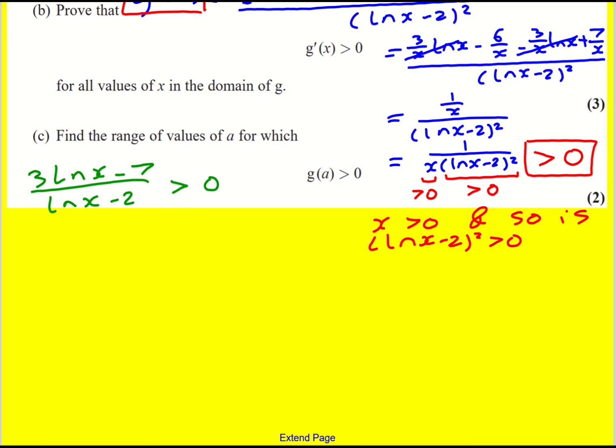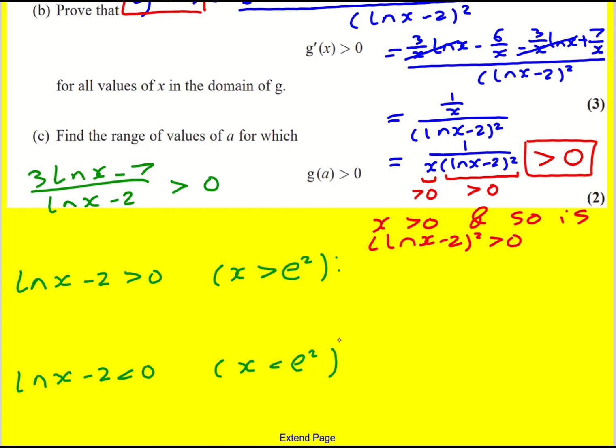So we're going to look at two different cases. Remember, x equals e squared, which is when the denominator is 0. So let's look first of all at when the denominator is greater than 0, which is going to be when x is greater than e squared. That's going to be case 1. And then I'm going to take a look at when ln x minus 2 is less than 0, which is when x is less than e squared.